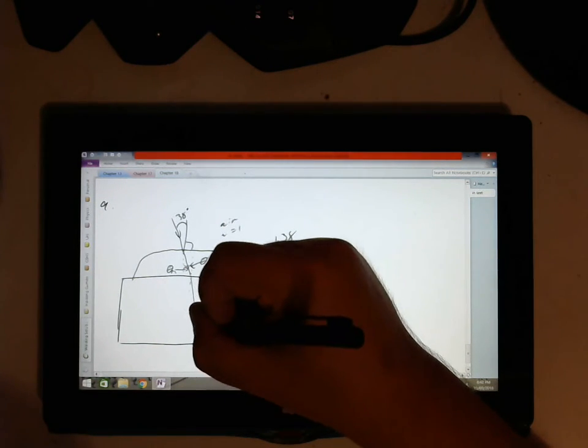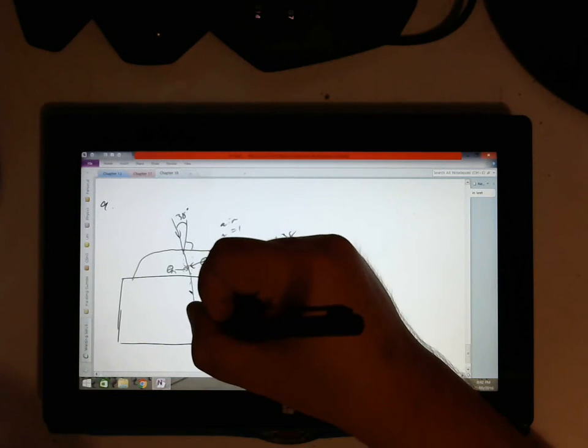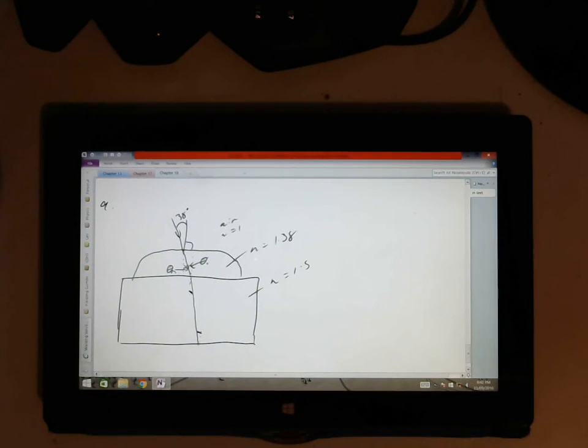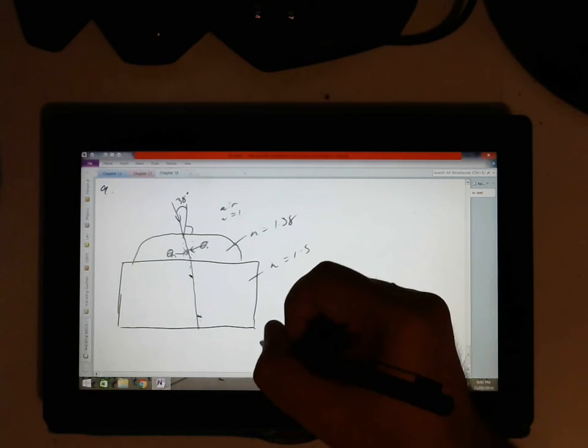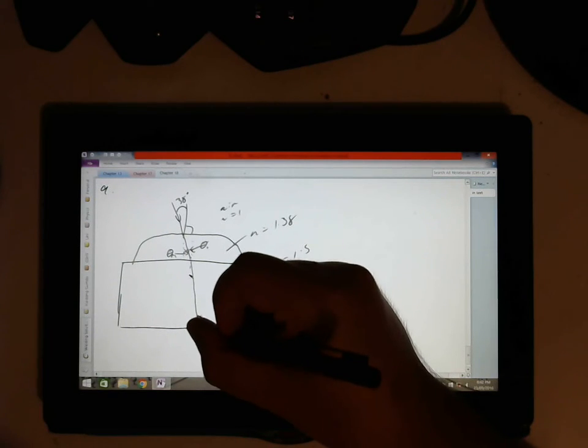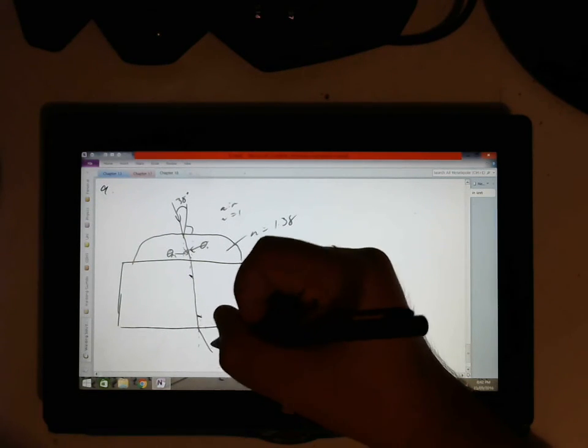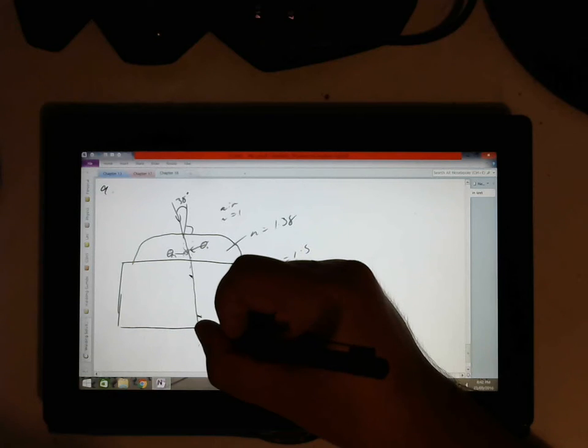Get to the other side, and then this angle will equal this angle. And then finally on the other side, it will go from a heavy medium back into air, a light medium, and so it will probably bend off some more, and we will have to work out that angle.